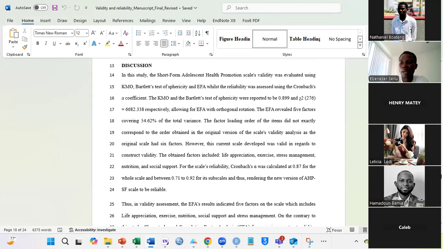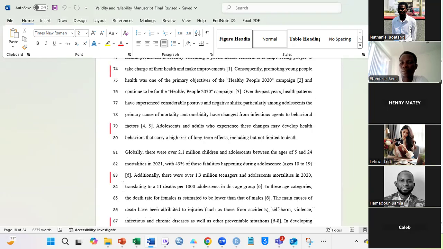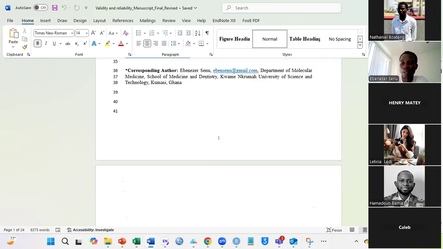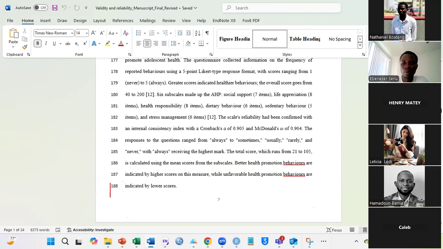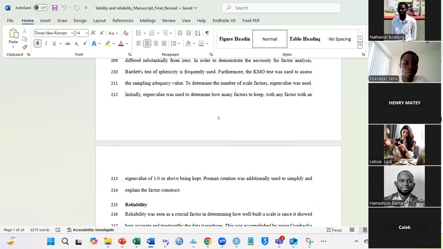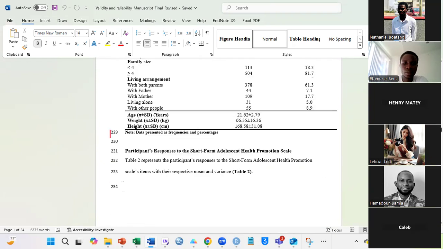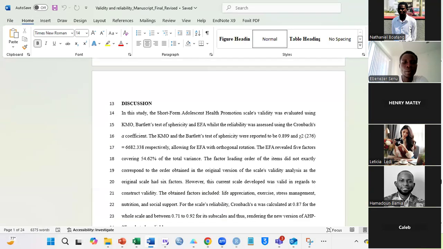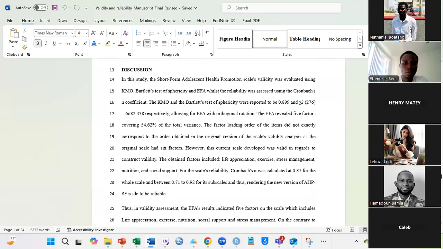In this paper, I look at validity and reliability of a health promotion skill scale in Ghana. This was a purely methodological study. At your level, if you read this paper, you may not understand it because it uses complex models where we talk about Cronbach's alpha reliability tests. But what is the key thing? The key thing is for us to see whether what we've talked about has been applied. So you could see that.